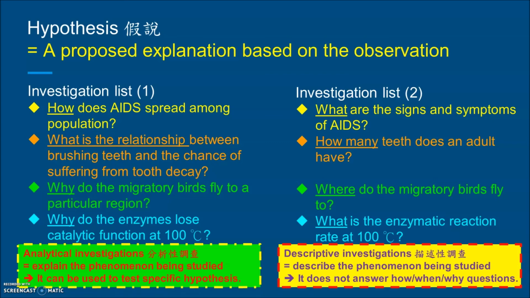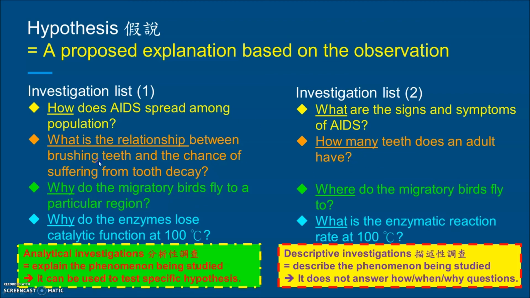We just count it, and then we know. Or where do they fly to, we set up a GPS, and then we shall know it, whether they fly to Hong Kong or Thailand, something like this. We know it already. We do not really need to make a hypothesis.